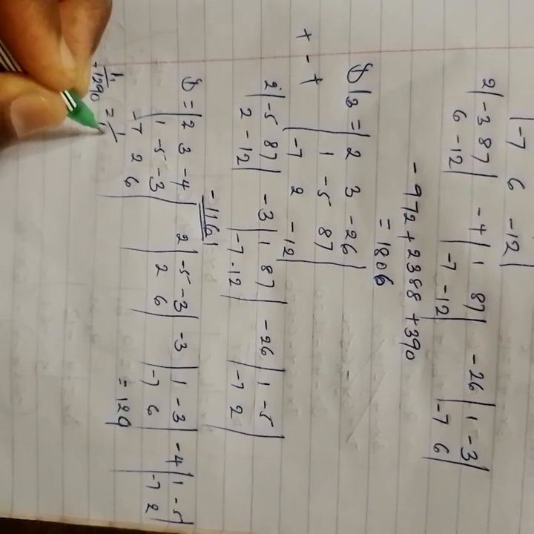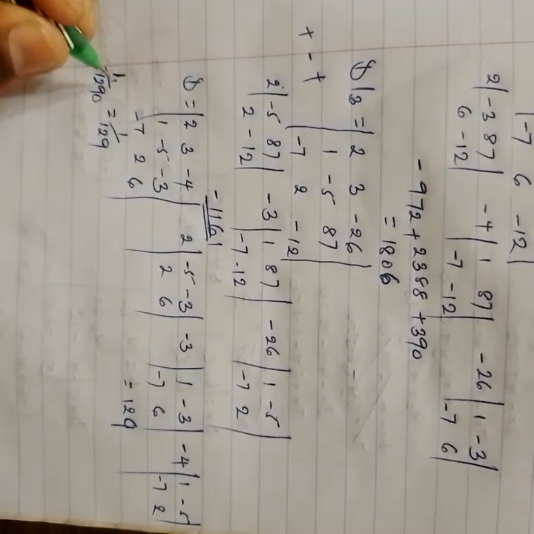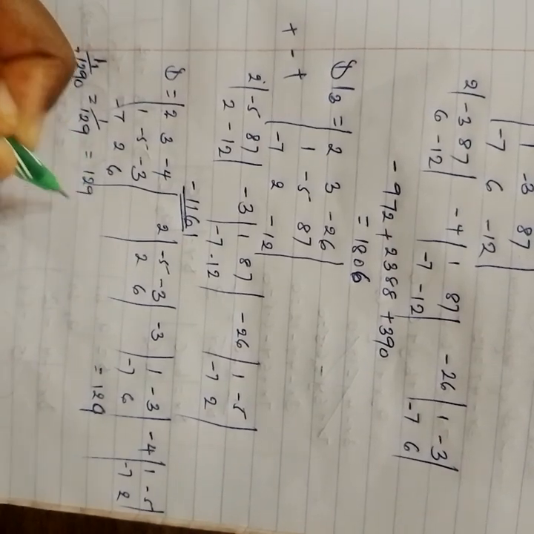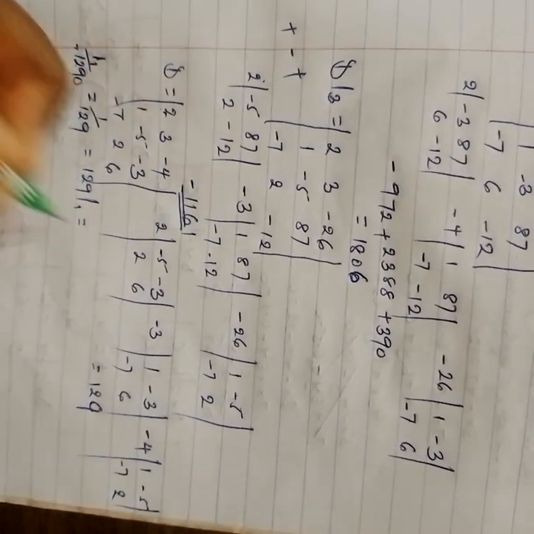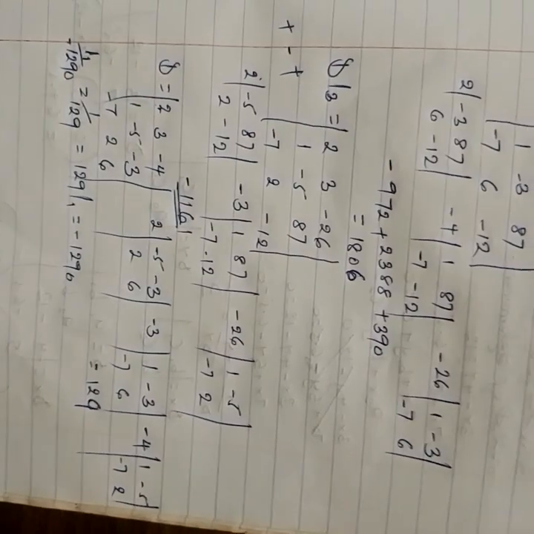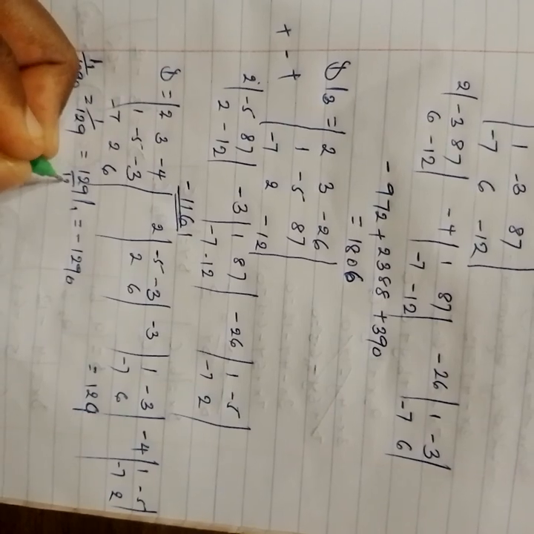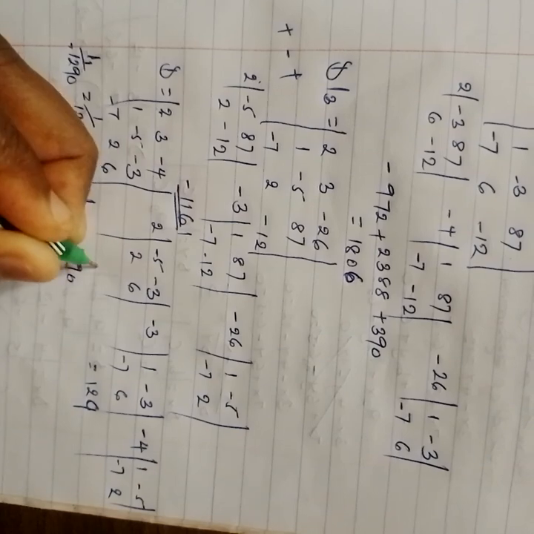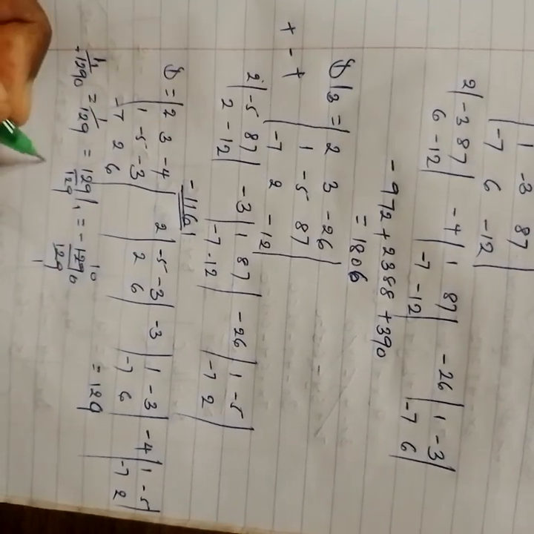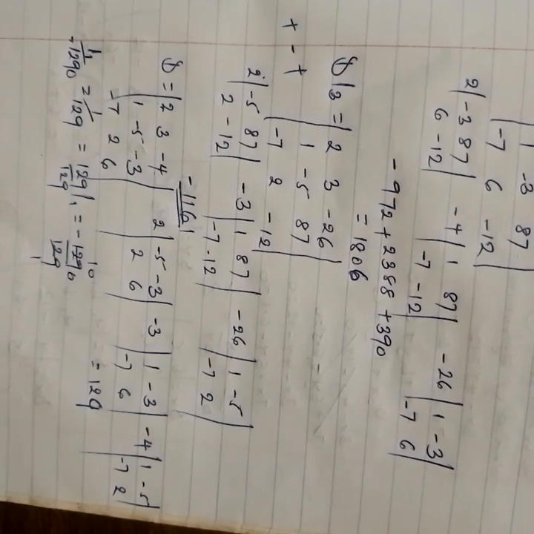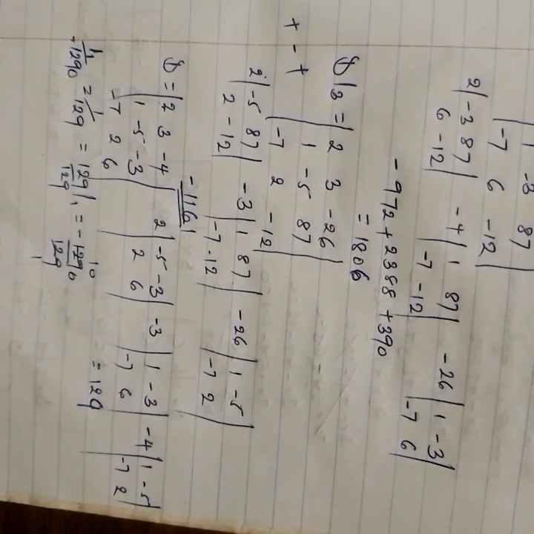We want to find L1 first. We cross multiply, so 129 L1 is equal to negative 1290. We divide everything by 129: 1, that's 0, negative 10. Now our L1 will be negative 10.